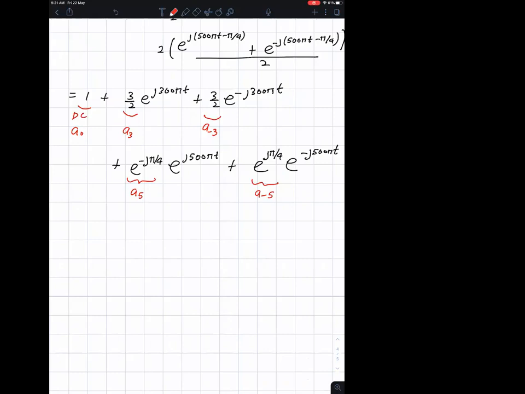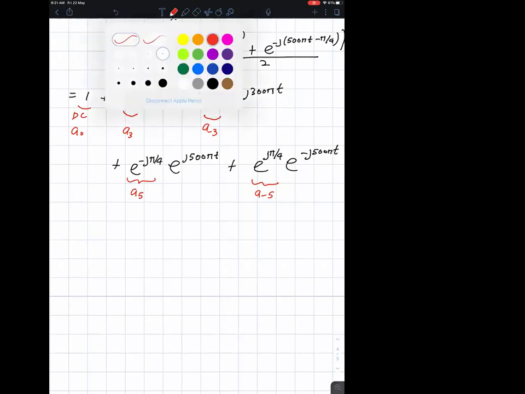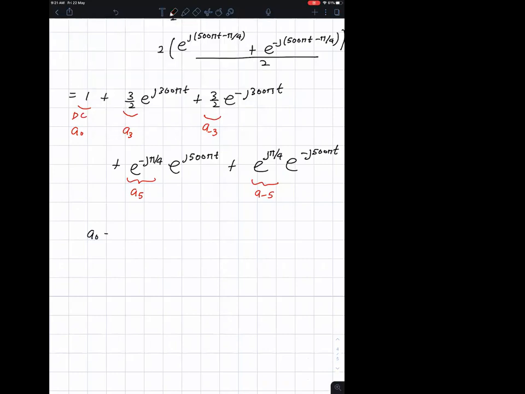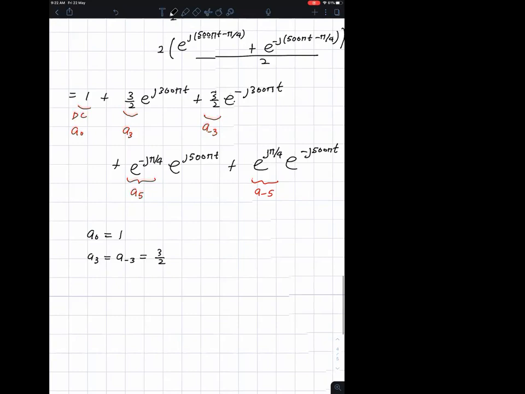So therefore I can go ahead and write A naught equals 1. A3, which is also my A minus 3, is going to be 3 over 2. If it's just a simple amplitude without phase, usually the coefficient will be the same for A3 and A minus 3. What about A5?